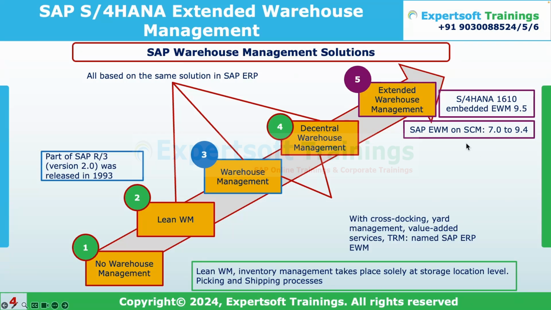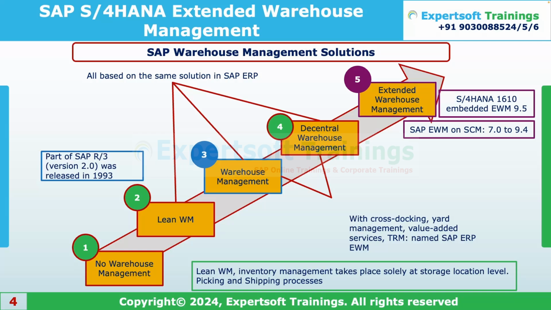So if you see all the older versions of EWM, 5.0 to 9.4, all the versions are on SCM. SCM is supply chain management, just like your SAP ECC or your SAP S4 HANA. It is a separate product which SAP was selling, where you have seen a lot of popular modules like EWM, APO, transportation management. Those modules you might have heard.